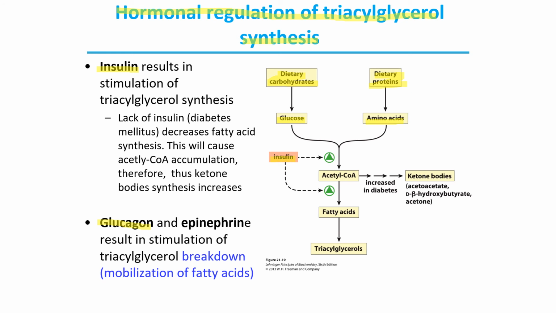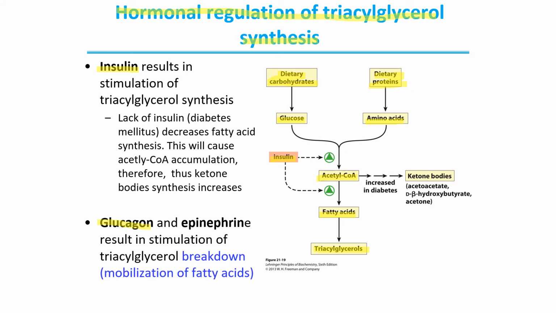Insulin will be secreted in this scenario, and that will convert these glucose and amino acids into the acetyl-CoAs, and this will result in conversion of acetyl-CoAs into fatty acids, and eventually synthesizing the TAG molecules.